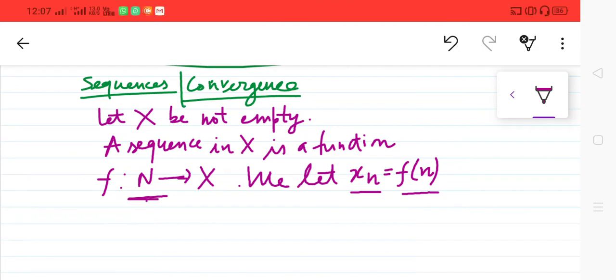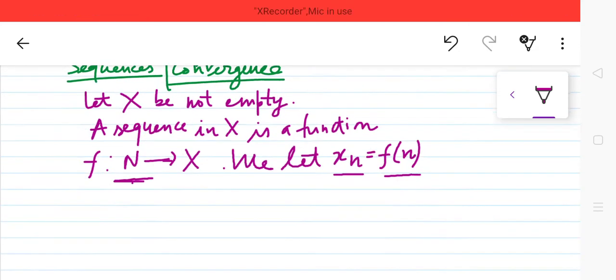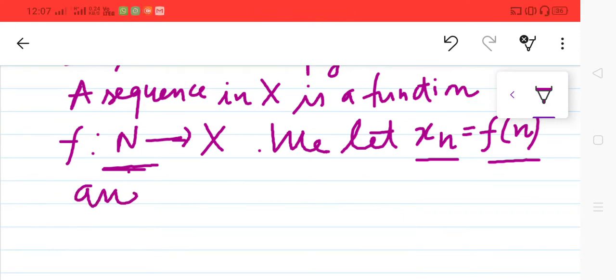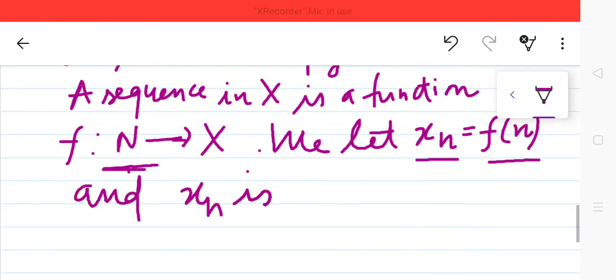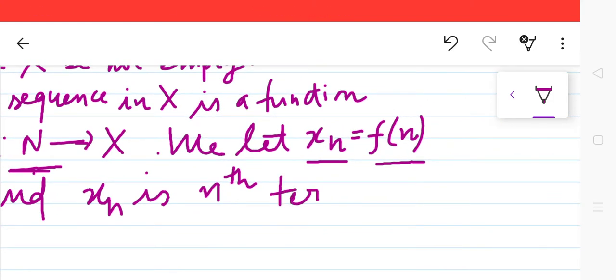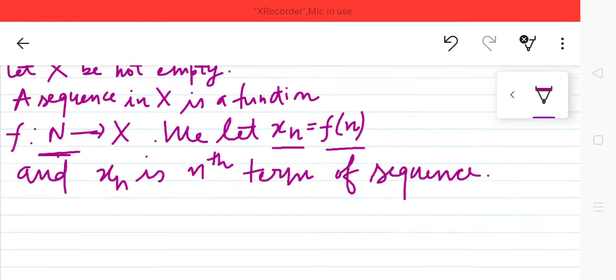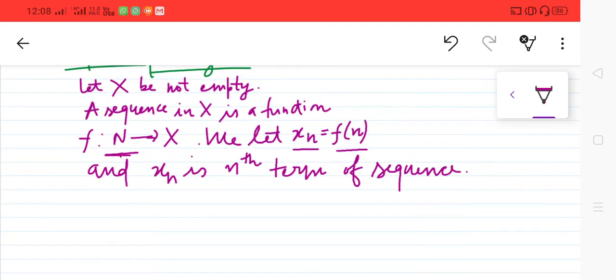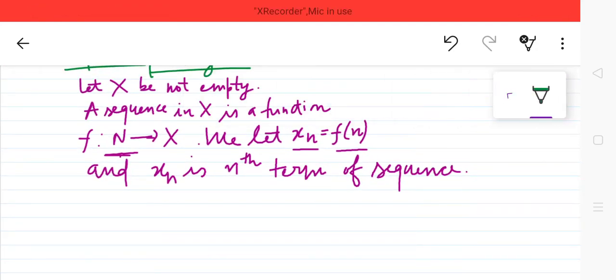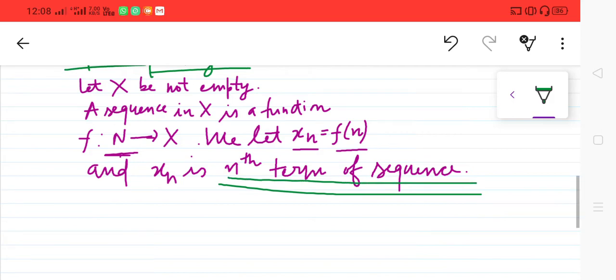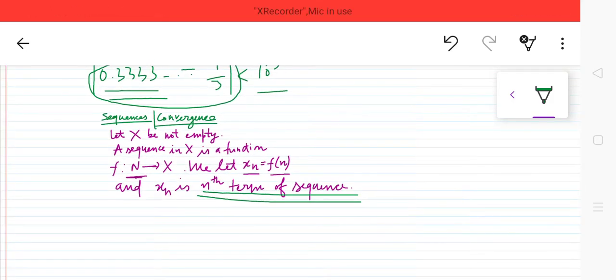We call xn the nth term of the sequence. So this is the nth term of the sequence. I think it is more clear now.